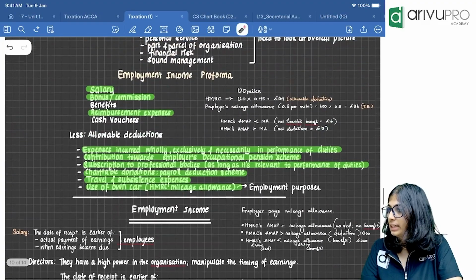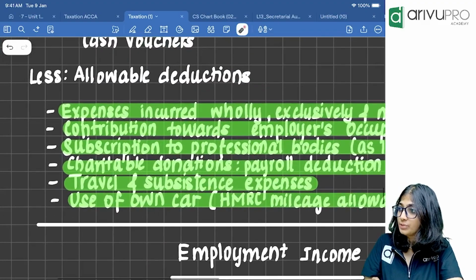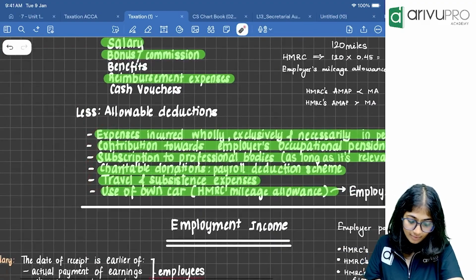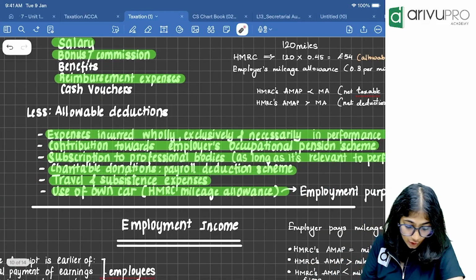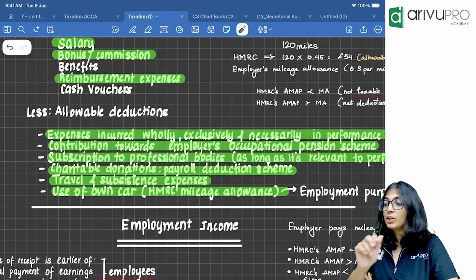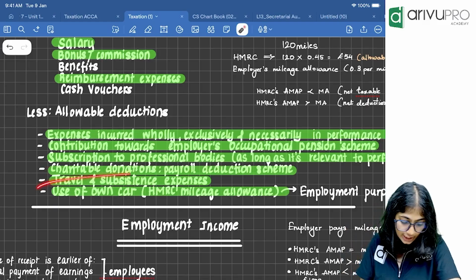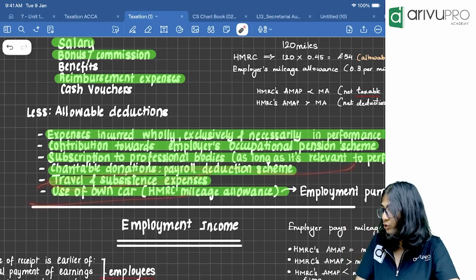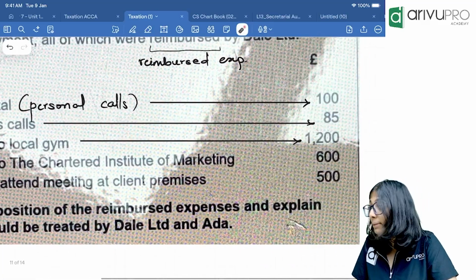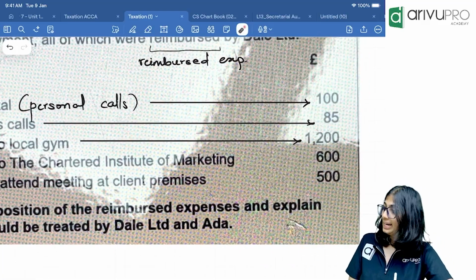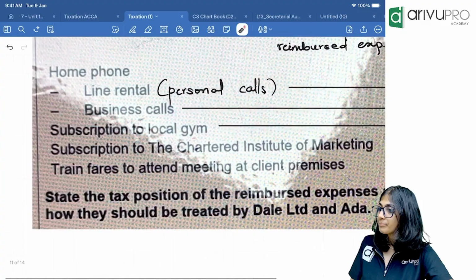Can you tell me if it's claiming any of these allowable deductions? No. It's not a contribution to an occupational pension scheme. It is not a subscription to a professional body. It's for your local gym. It's not a charitable donation, travel or use of your own car. So this is not an allowable expense, but it is still reimbursed for you.